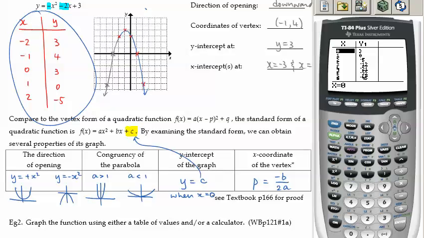So, once again, when it comes to a quadratic function in this format, x squared and then x and then the number, when you see a quadratic in a trinomial format, we can identify the direction of opening based on the sign at the very beginning of your equation.